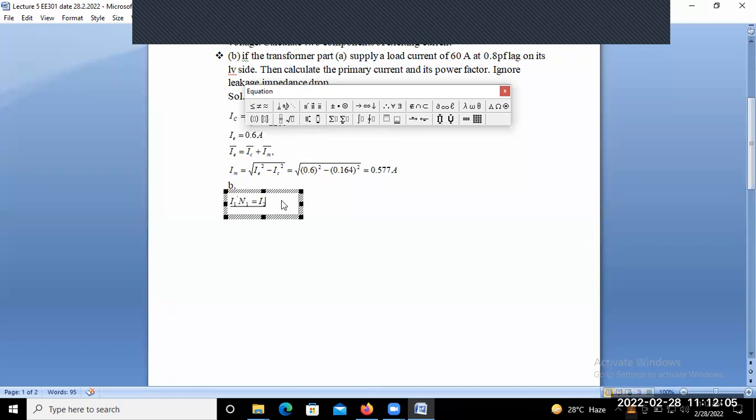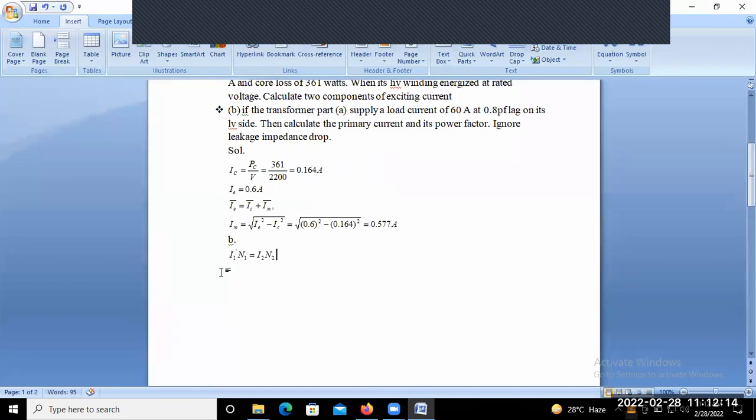I2 into N2. So just put here the values of N1, N2 and I2 and find out the value of I1 dash.